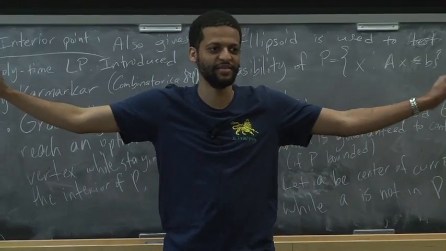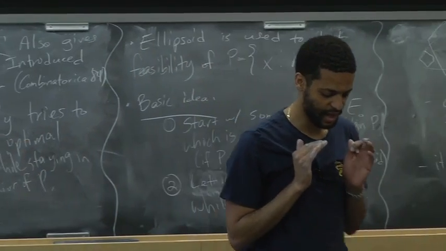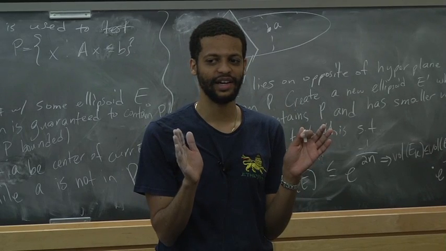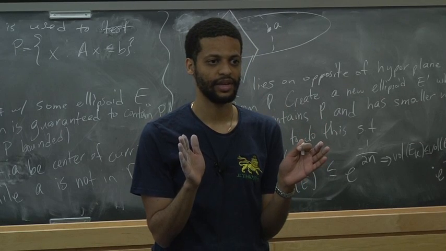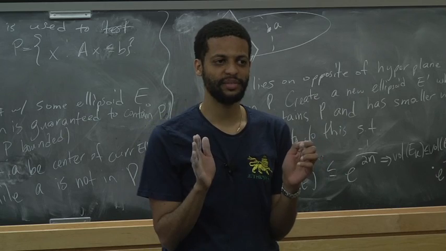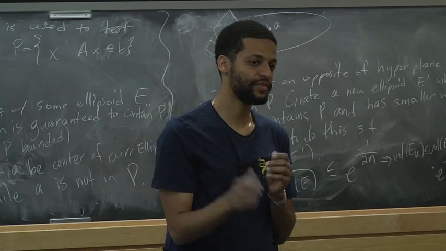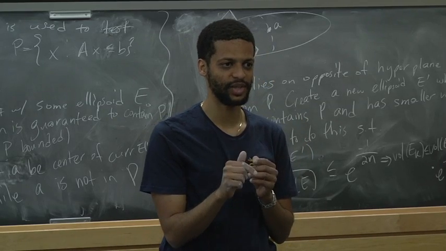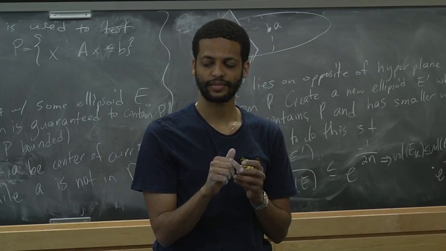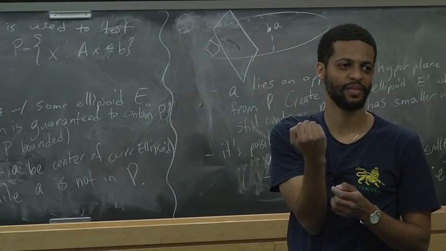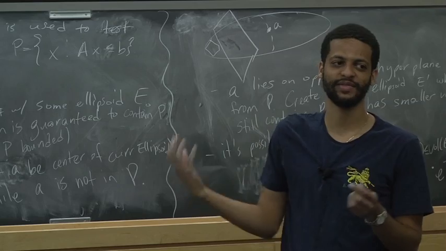It's all going to be one interior point, but we modify the LP so that it has a very obvious interior point. And for this modified LP, if the original polytope was feasible, then the optimal vertex of the modified LP will correspond to a vertex of the original one.